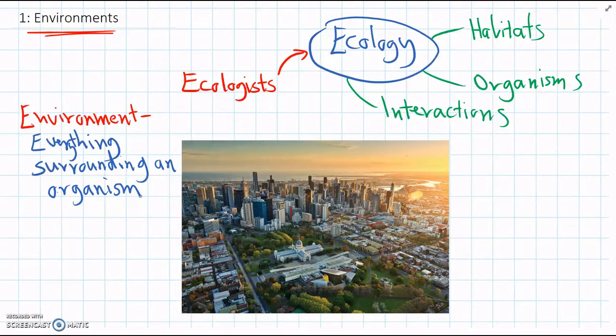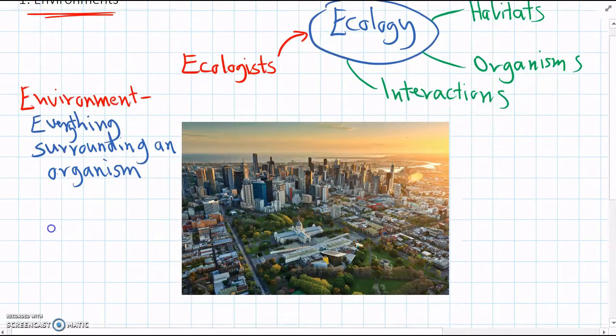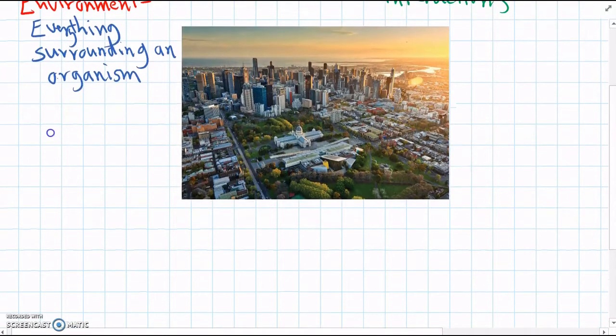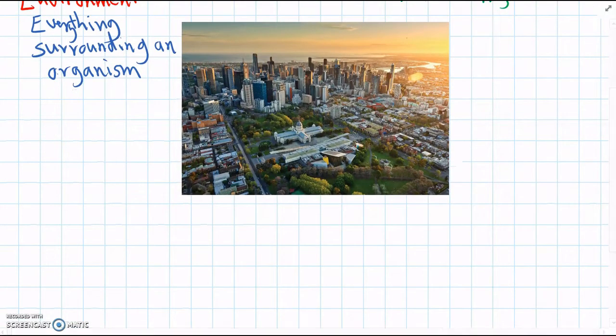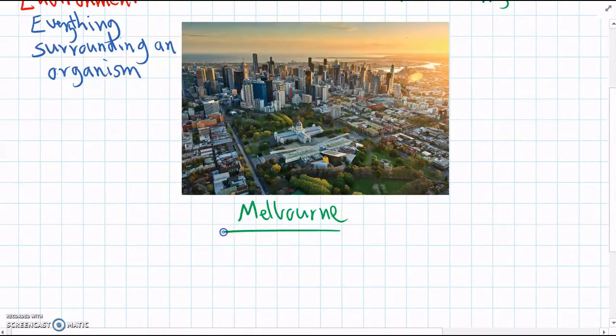So something like your bedroom could be an environment where you live a lot of the time, but it could be something as big as Melbourne, like we can see here. So this is the Melbourne environment. And in an environment, we can look at all the different features that are surrounding the living things.